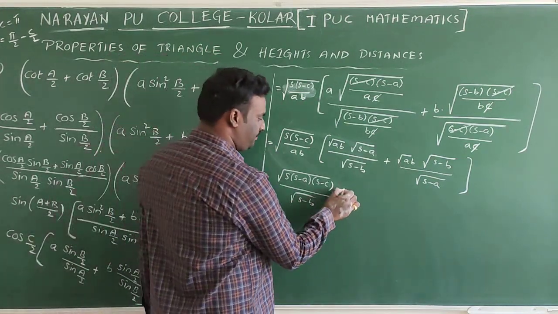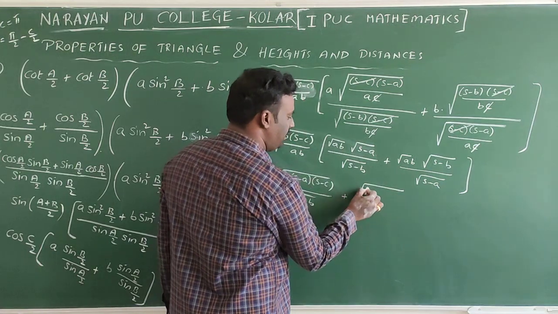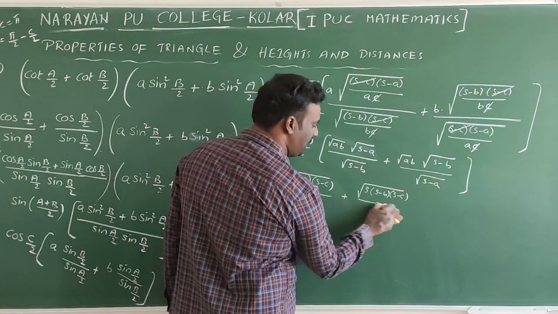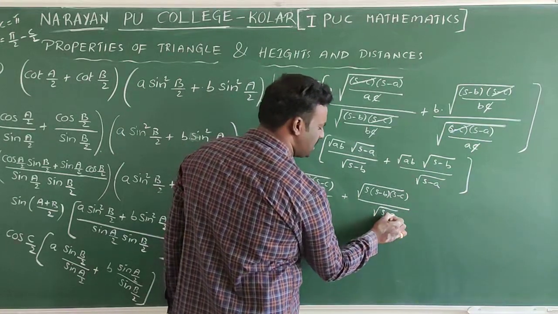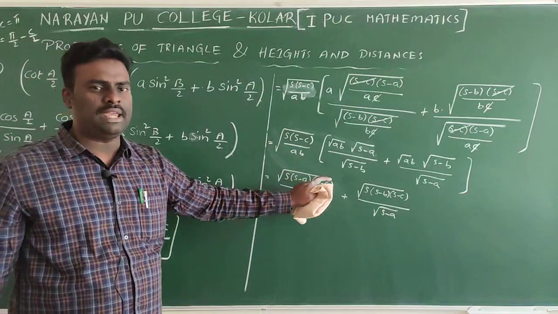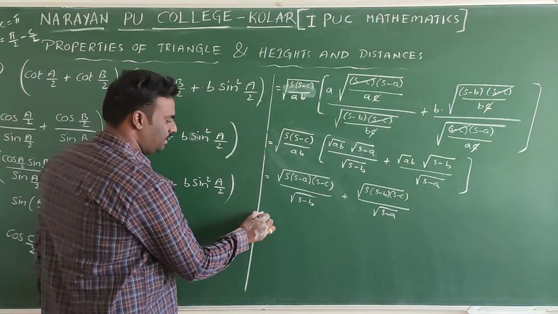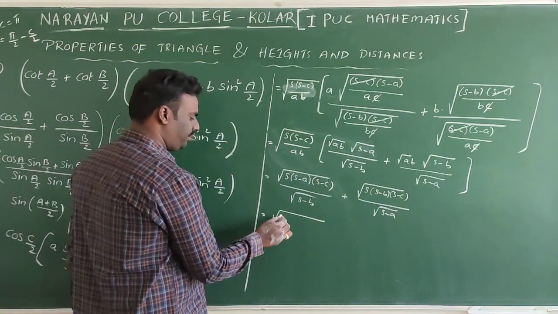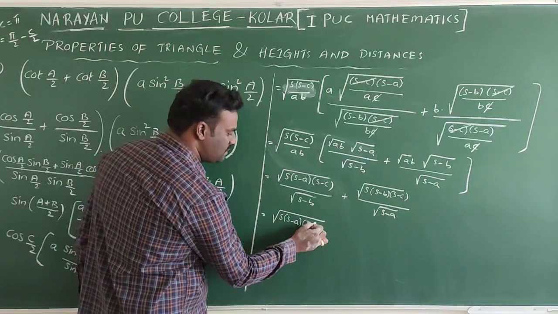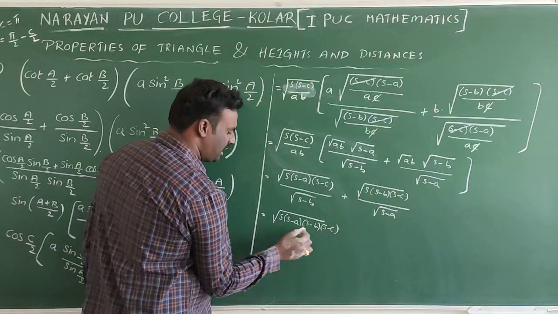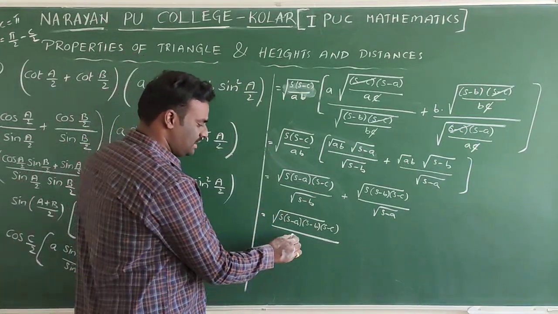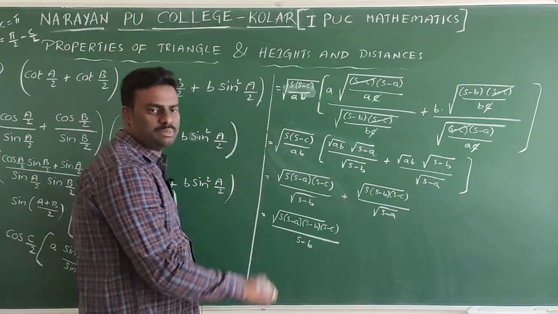Here also under root of s into s minus b, s minus c by under root of s minus a. Here which is missing? S minus b is missing. Multiply and divide. That equals under root of s into s minus a, s minus b, s minus c. Multiplication over. If you divide root into root, root gets cancelled. Now you will get s minus b.